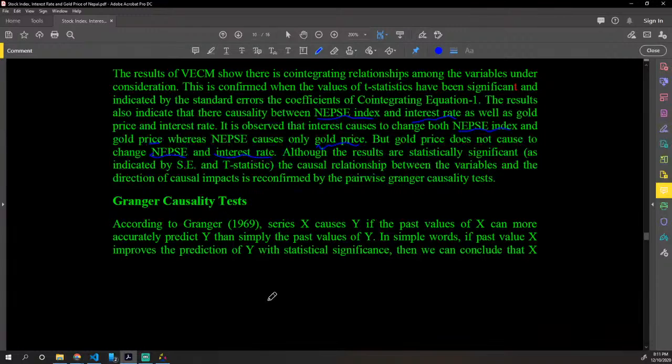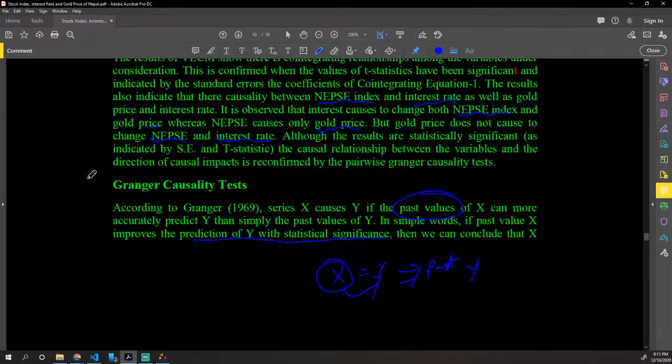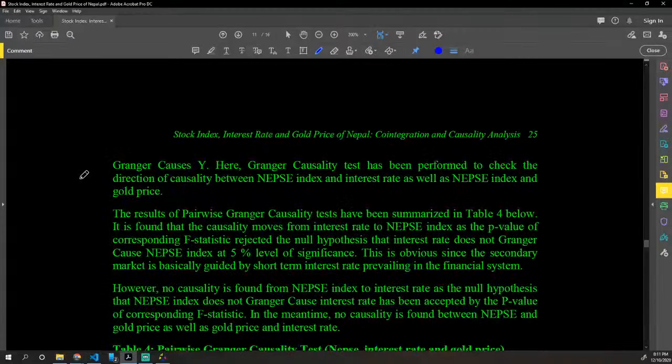According to Granger 1969, series X causes Y if the past values of X can more accurately predict Y. In simple words, if past values of X improve the prediction of Y with statistical significance, then we can conclude that X Granger causes Y, right?